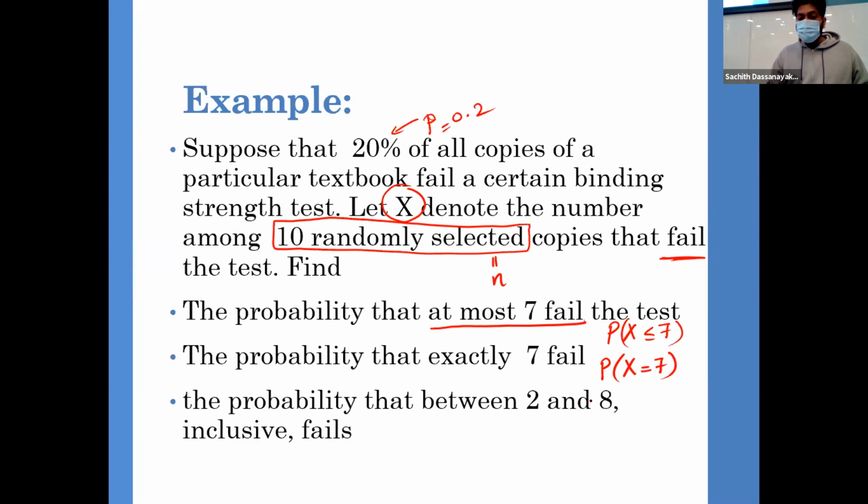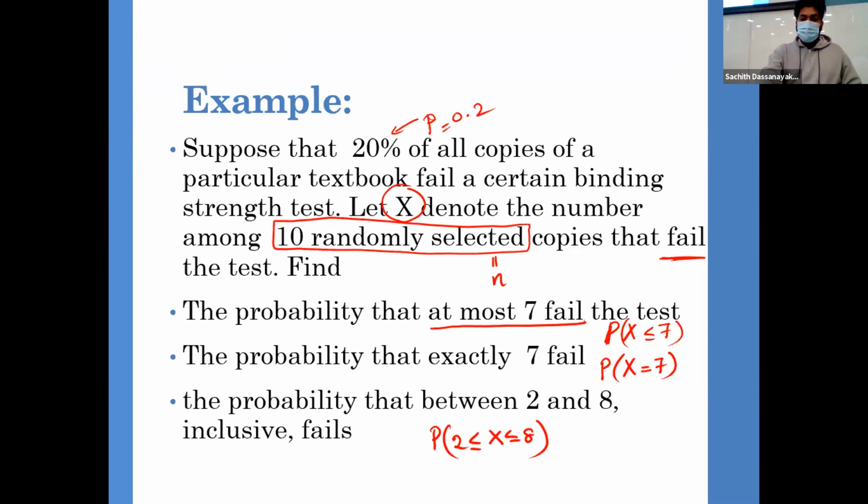Then between 2 and 8 inclusive, meaning including 2 and 8, so you need to find the probability of capital X between 2 and 8. So these three you need to find. Is there any problem with how we convert this written question into our notations?